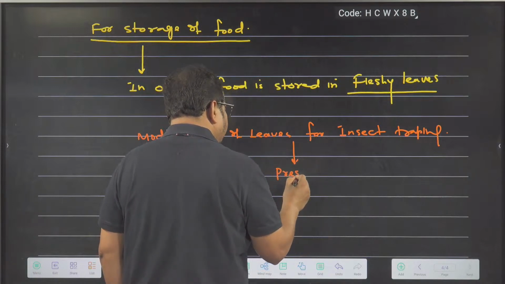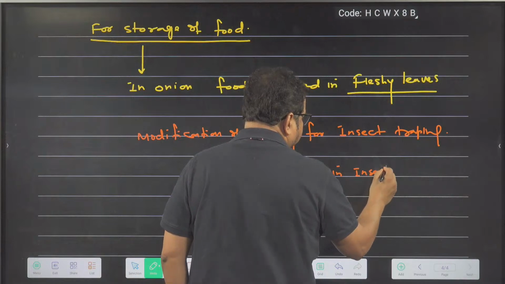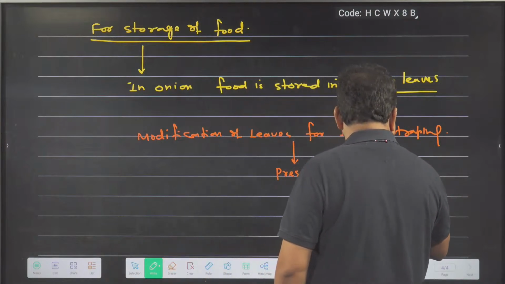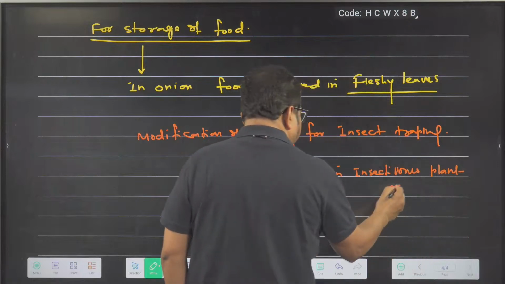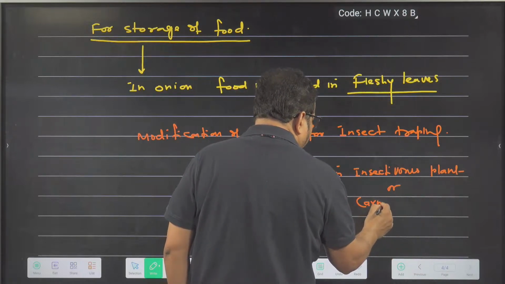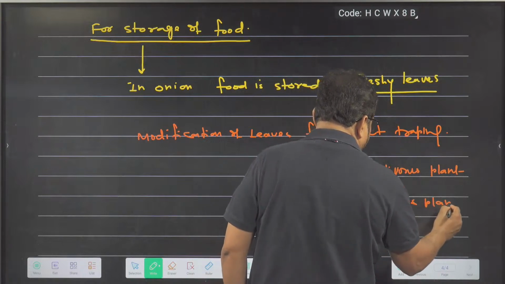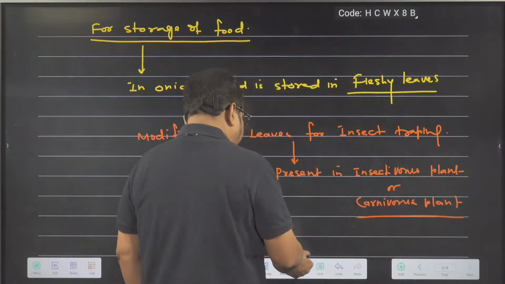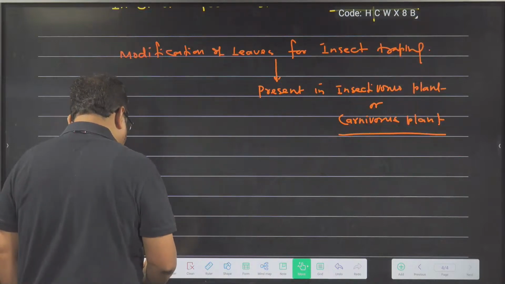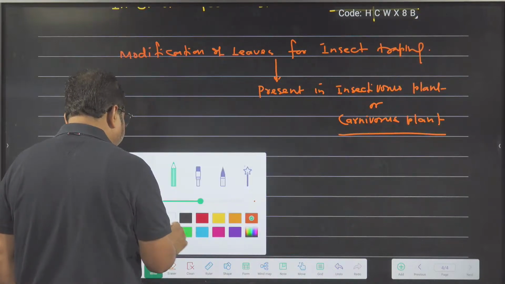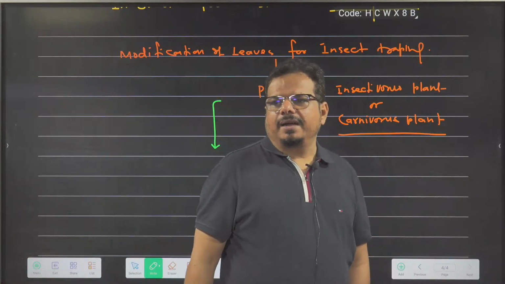Present in insectivorous plants. These insectivorous plants are also called carnivorous plants.